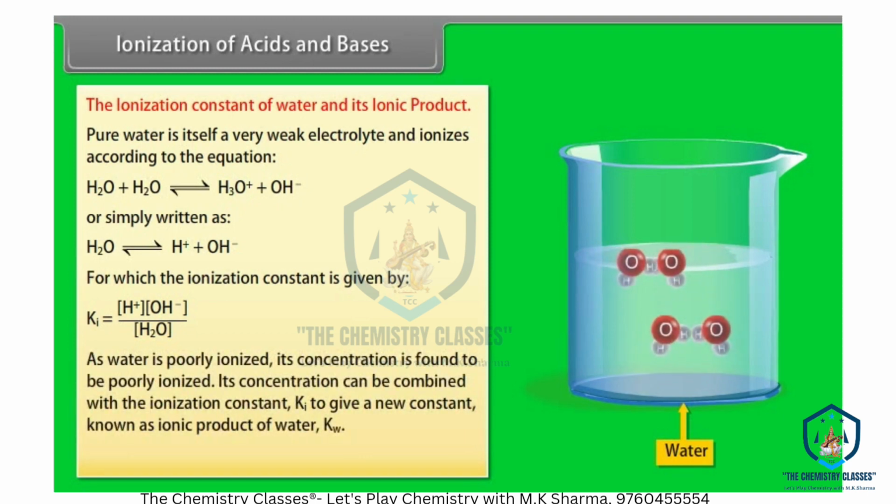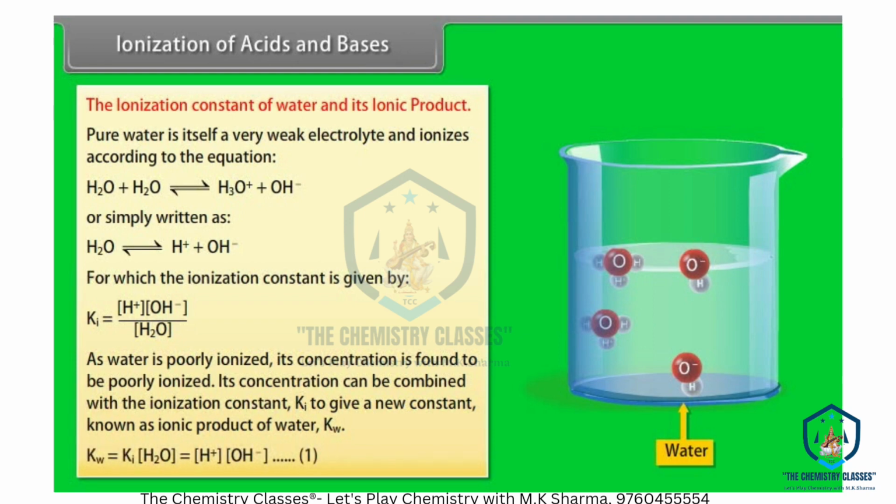As water is poorly ionized, its concentration is found to be essentially constant. Its concentration can be combined with the ionization constant, Ki, to give a new constant, known as the ionic product of water, Kw. Name it as equation 1.